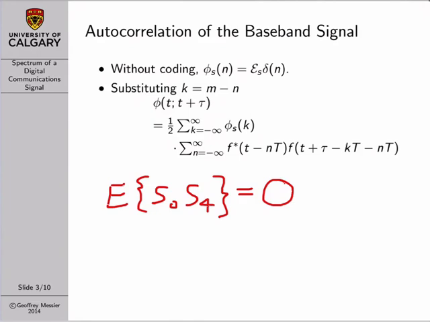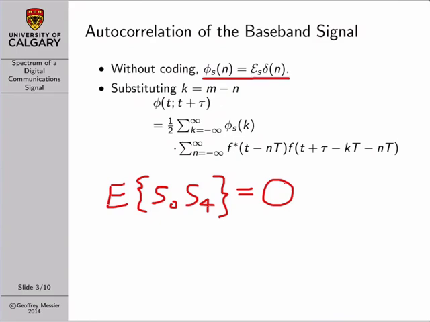The only time when this isn't true is when you use some form of code, which applies some memory to the signal. But we're not really going to get into coding at this stage, so we generally assume that information is independent. And because of that, we assume that the autocorrelation of the signal vector values is equal to the energy per symbol multiplied by a discrete delta function.